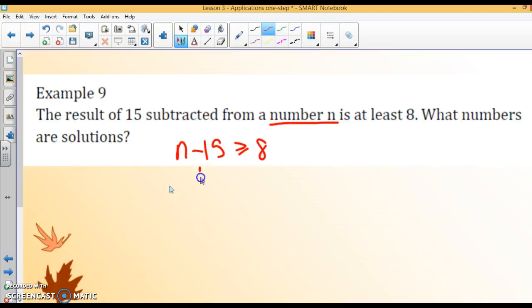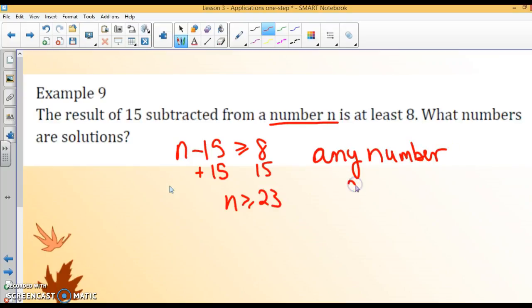Add 15 to both sides. And we have n is greater than or equal to 23. Any number 23 or larger.